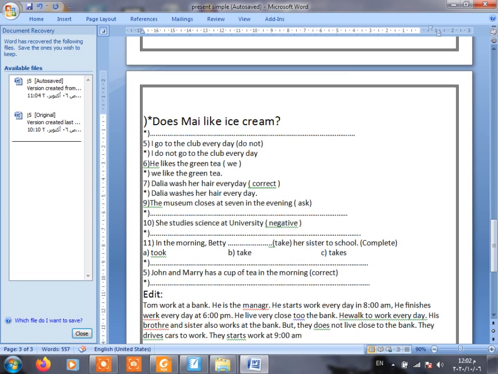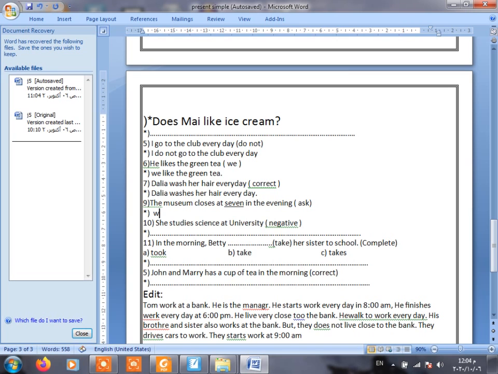Number 9. The museum closes at 7 in the evening. So he asks me to ask a question, and there is an underline under the word 7. So he wants to ask about the time. How do I ask about the time? I ask with when. Very good.